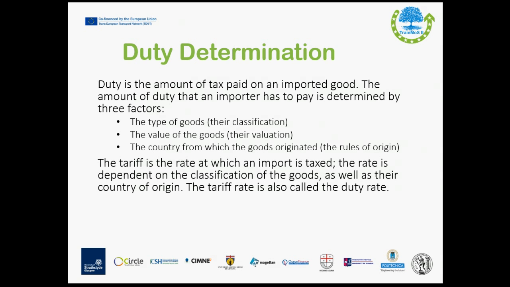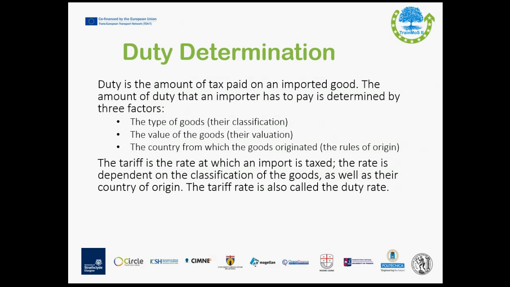Now, the amount of duty that an importer has to pay is usually determined by three different drivers. First is the type of goods, the classification. The second one is the value of goods, the valuation of the products. And the third one is the country from which the goods come, the rules of origin.